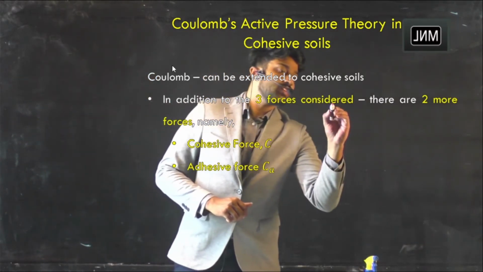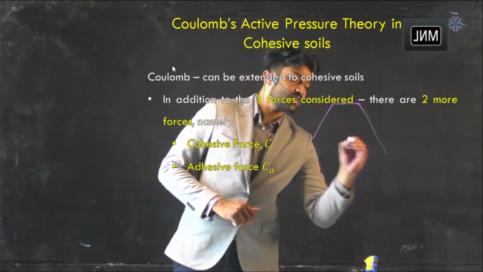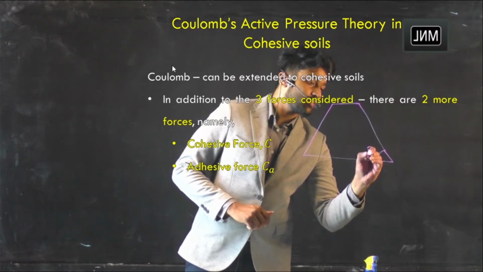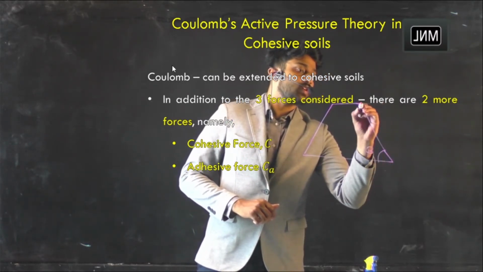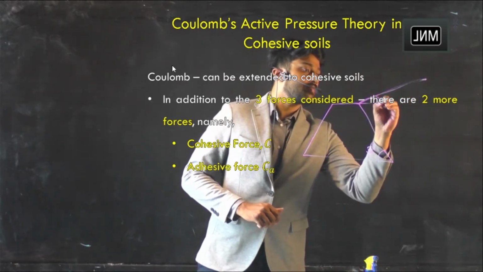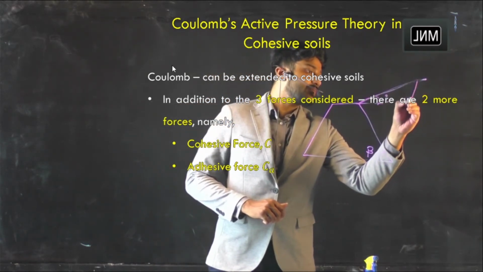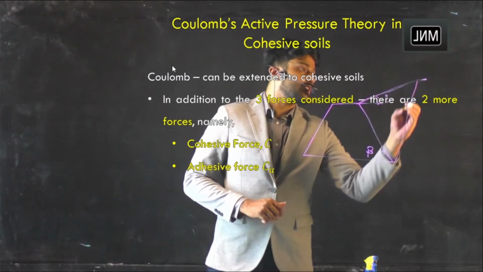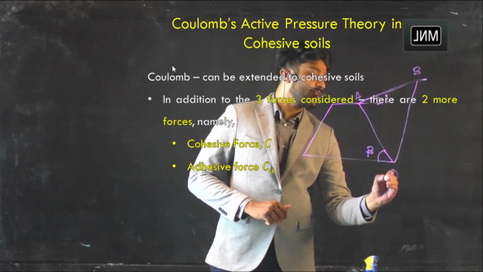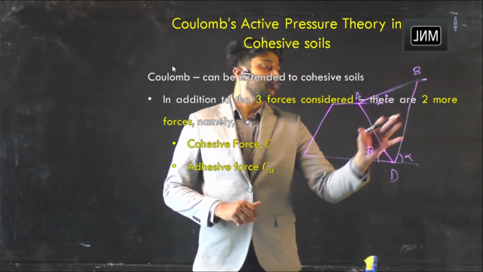So if you consider this particular diagram what we have seen earlier, okay, let this angle be beta and let the ground surface be inclined at an angle I, okay. So let the failure wedge be this region, let this be a straight line, let this be A, B and D, and let this be inclined at an angle alpha. Okay, so this is the wedge that we have considered.